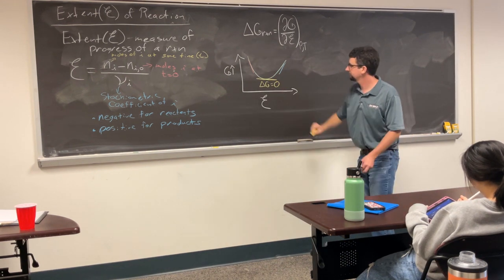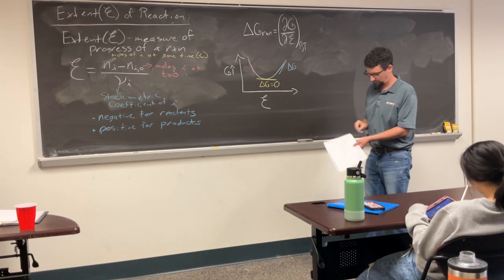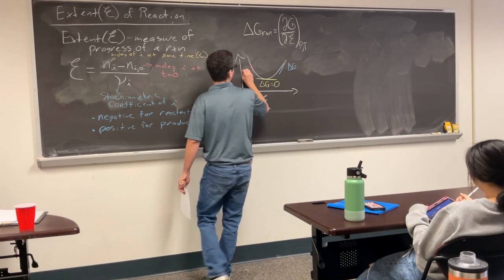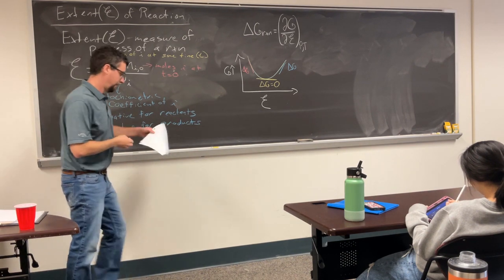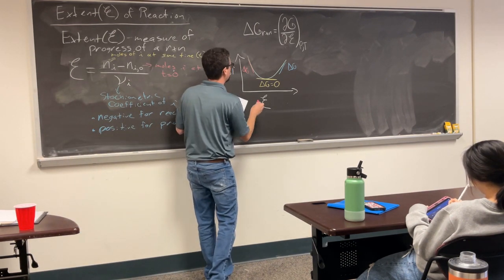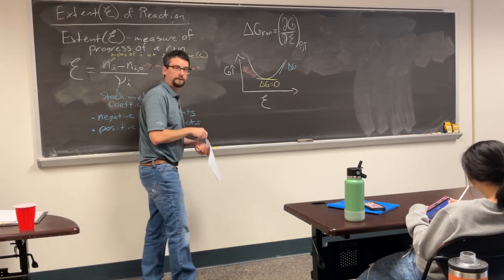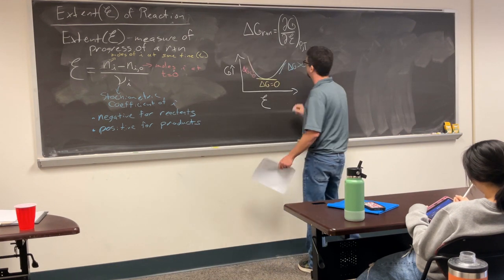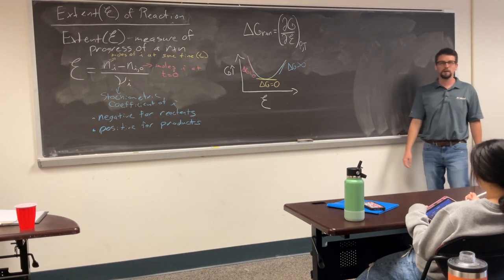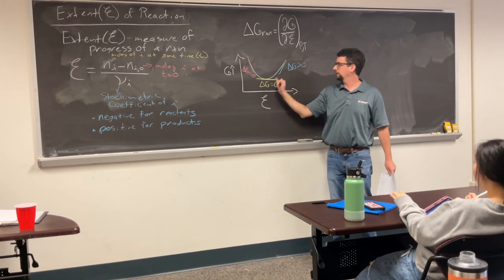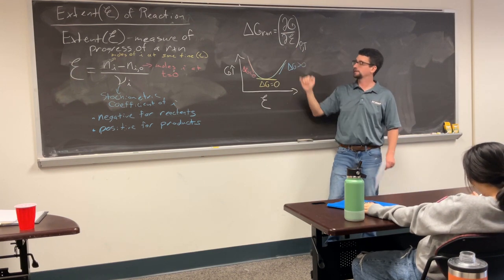Yep. What about for the blue region and the pink region? Negative for the pink region. For which one? For the pink one. Yep. And the blue one? Positive. Okay. So if you look at these, you can figure out where and when you're at equilibrium from this, which is kind of cool.